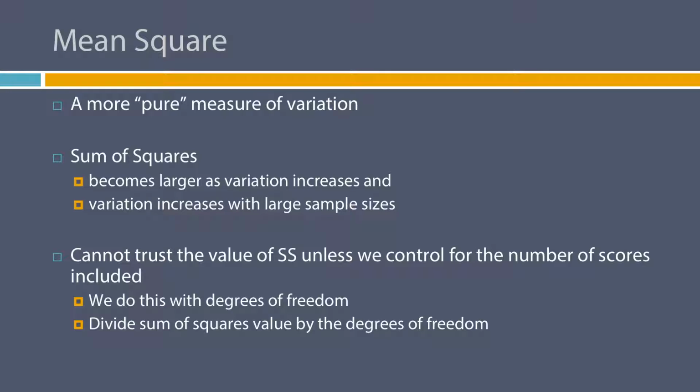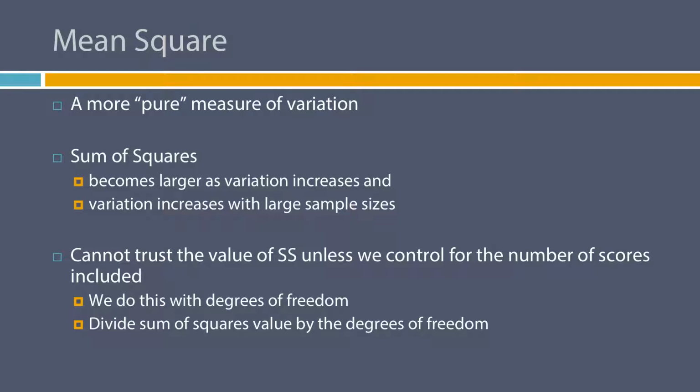So because the sum of squares is just getting ridiculously large, we need a more pure measure that accounts for the number of scores that are included. And we do this by, oh yeah, degrees of freedom. We remember talking about degrees of freedom before, right? We had degrees of freedom for standard deviation, which was n minus 1.